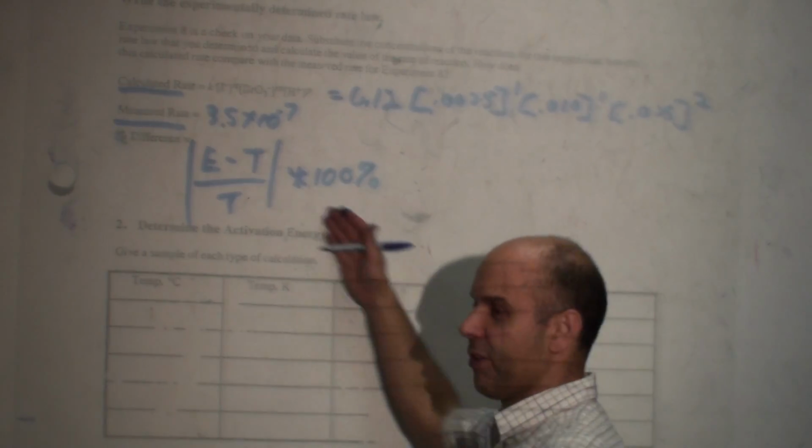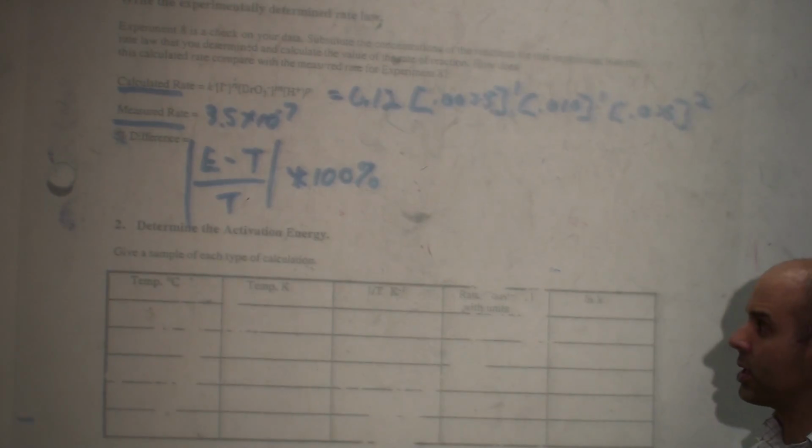So calculate your rate, compare it to the measured rate by doing the percent error. I will let you do that later because I want us to kind of move on to phase 2, which is to calculate the activation energy.